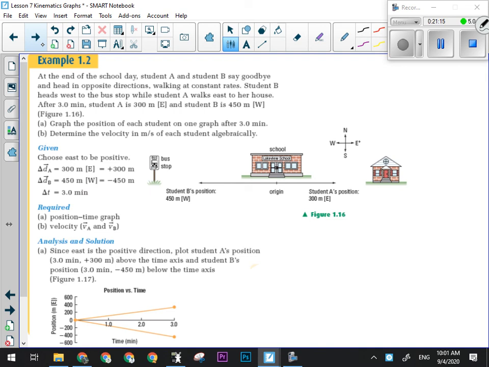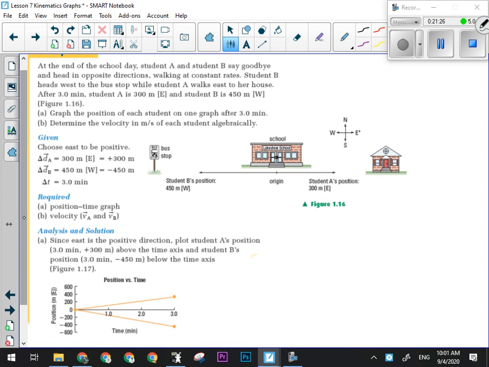After 3 minutes, student A is 300 meters east and student B is 450 meters west. So a position versus time graph of that movement is going to look like this. Student A walked east, but they didn't walk as fast, so their line's not as steep. Student B walked west, so their line's a little steeper because they went a little bit further.